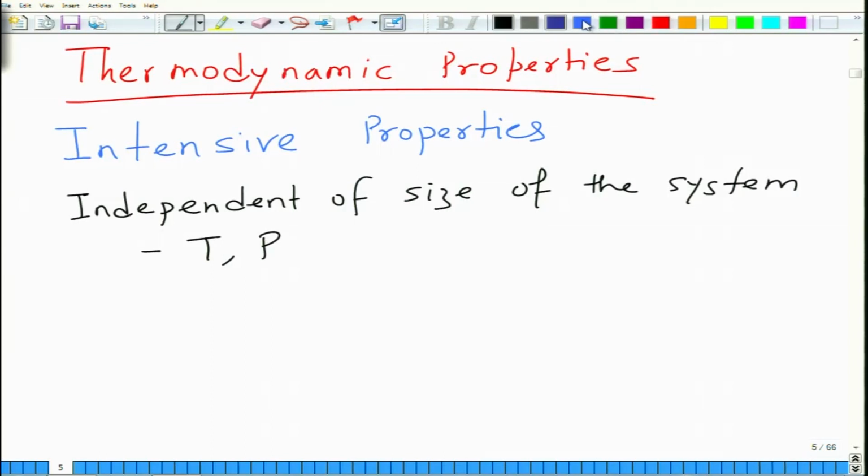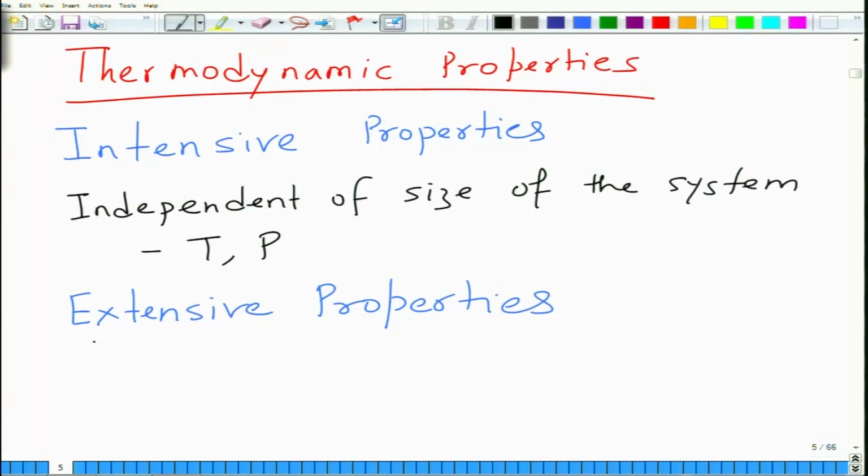On the other hand, we have another kind called extensive properties, whose magnitude depends upon the size of the system.